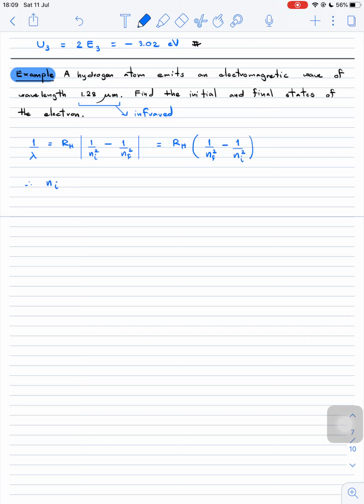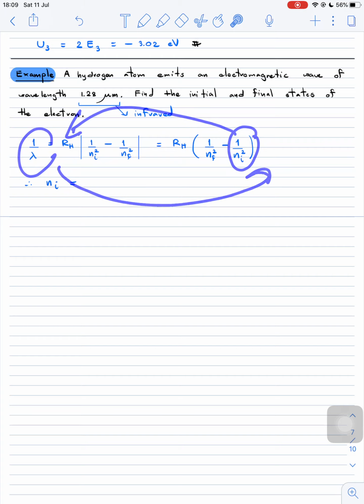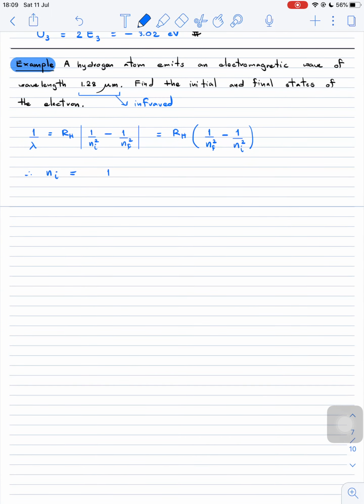If we move this to multiply with lambda and move this to the right hand side, we have 1 over Nf squared minus 1 over the wavelength times R_H.